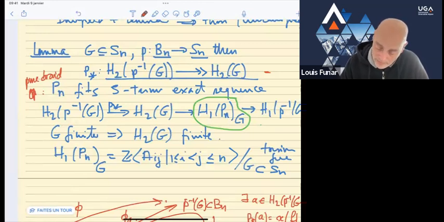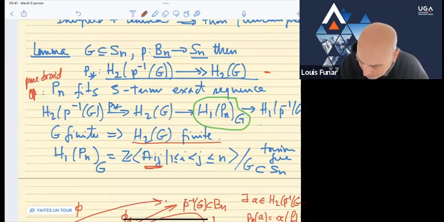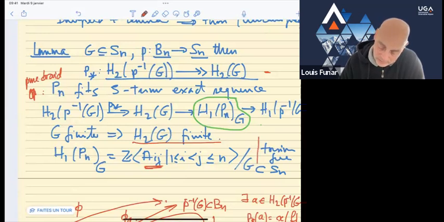But actually, when G is finite, H2 of G is a finite group. And on the other hand, you know the homology of Pn is generated by classes of the form a_ij with i different from j, and then you have the action of G on this side, and you observe that this is a torsion-free group.